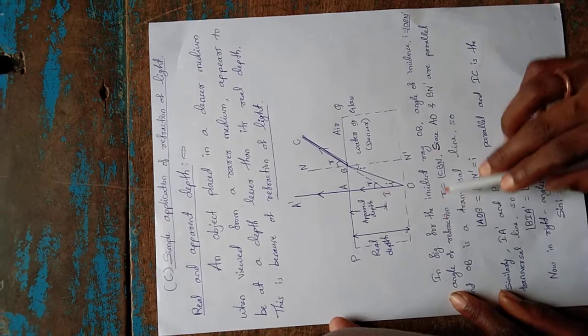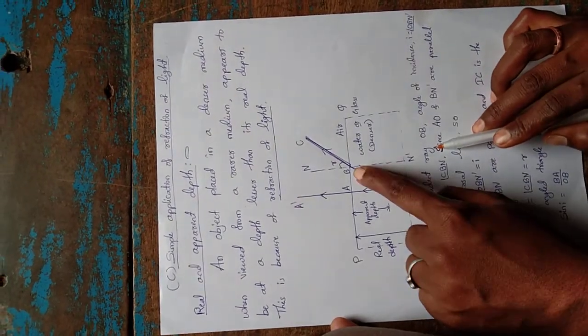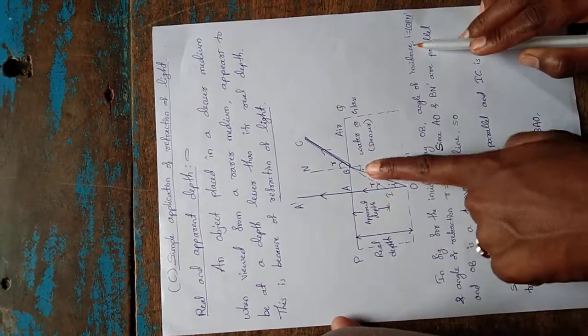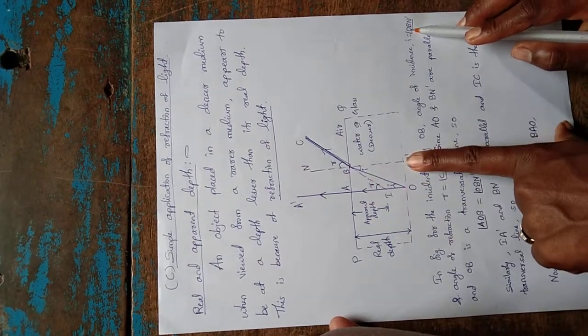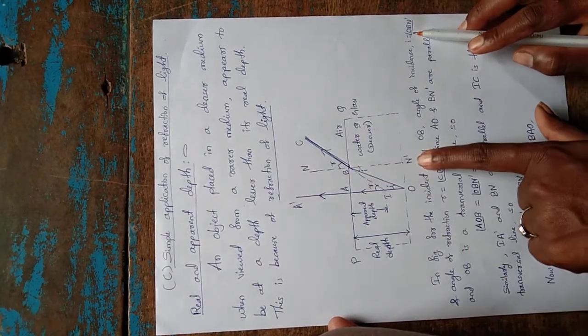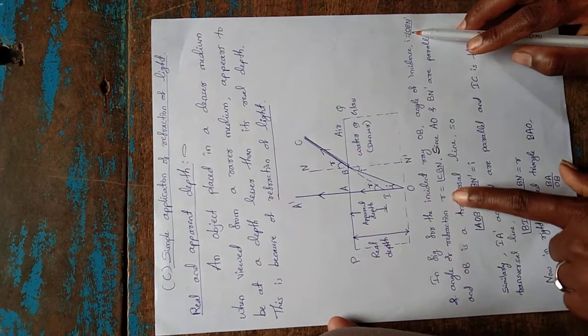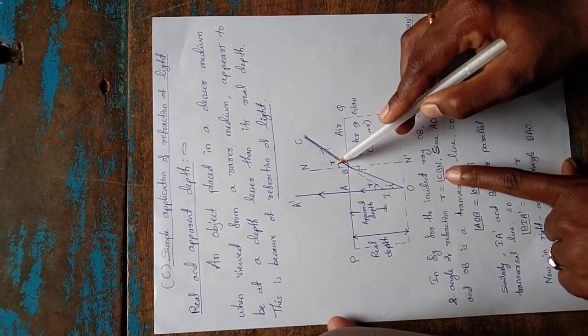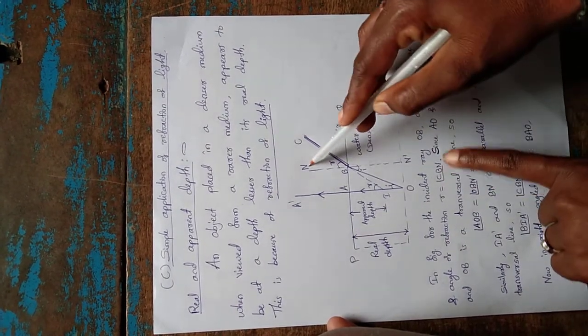In the figure, for the incident ray OB, the angle of incidence I is equal to OBN dash, and the angle of refraction R is angle CBN.